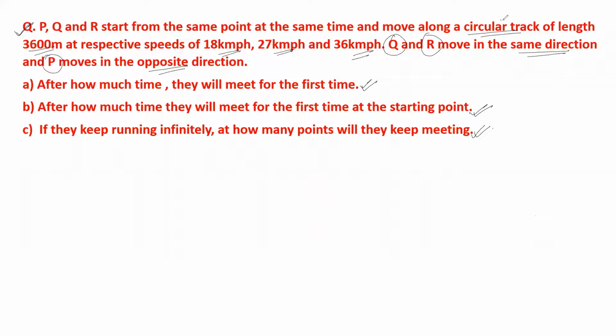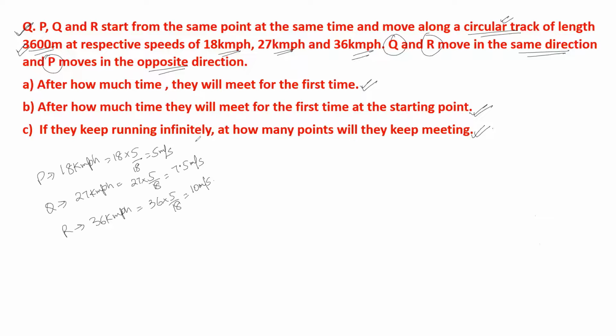Since this circular track length is in meters and the speeds are in kmph, let us first convert these speeds into meter per second. Now, if we convert these speeds into meter per second, then the speeds of P, Q, R would be simply 5 meter per second, 7.5 meter per second, and 10 meter per second.